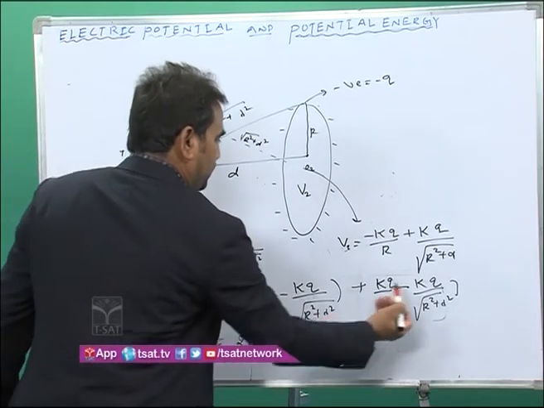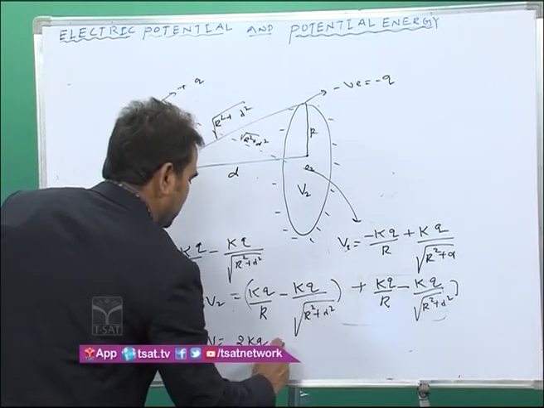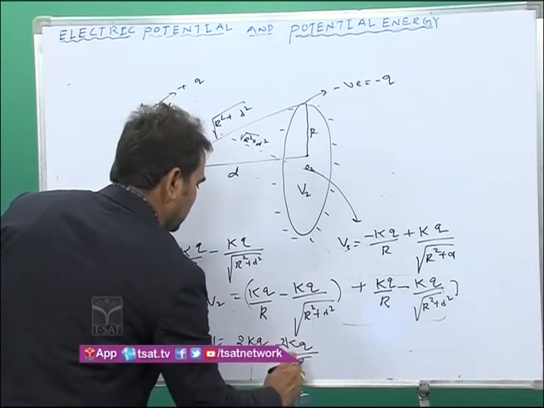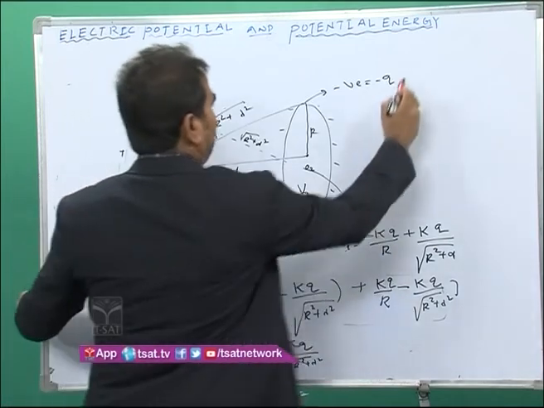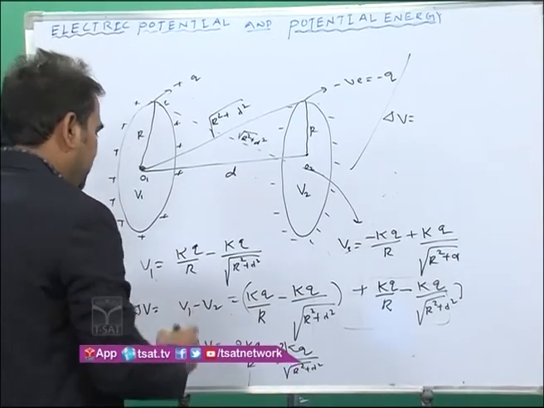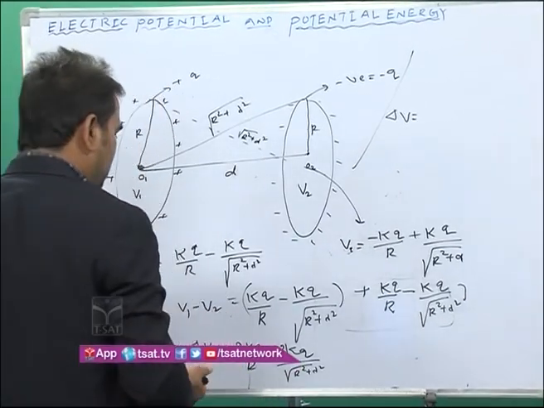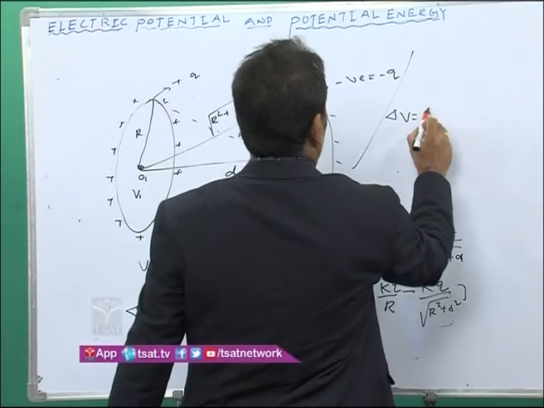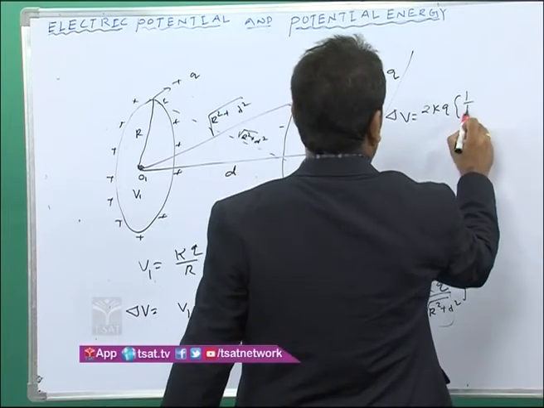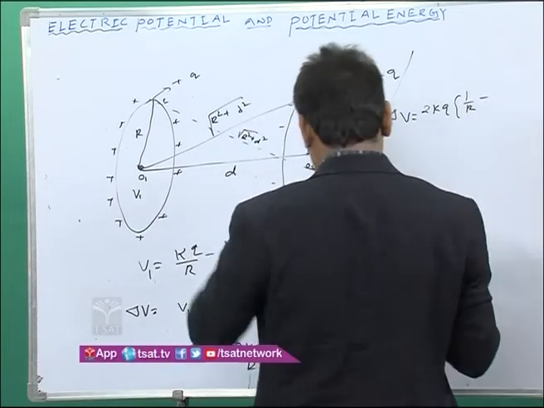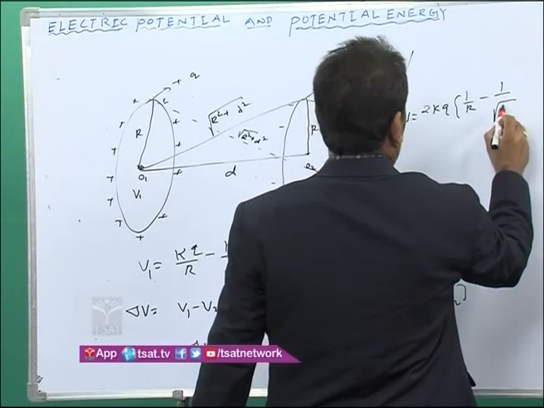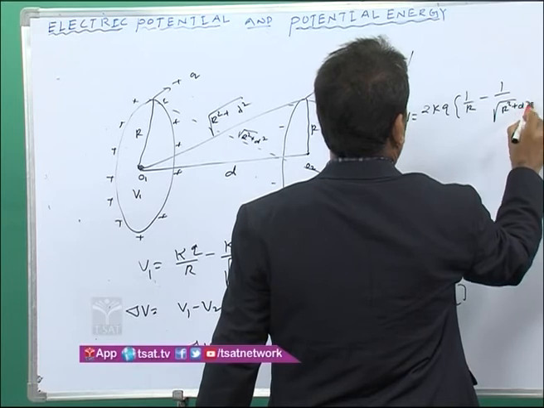minus 2 KQ upon root over R square plus D square. Therefore, delta V is equal to, from these two terms, 2 KQ is common, you can take 2 KQ into 1 by R minus 1 upon root over R square plus D square.